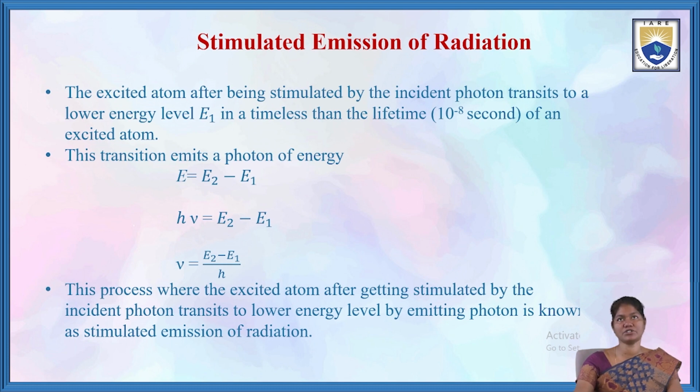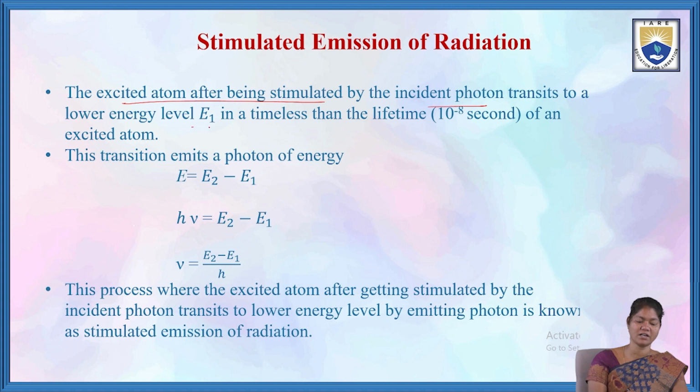In stimulated emission of radiation, the excited atom, after being stimulated by the incident photon, transits to a lower energy level in a time less than the lifetime, that is 10 power minus 8 seconds, of an excited atom.